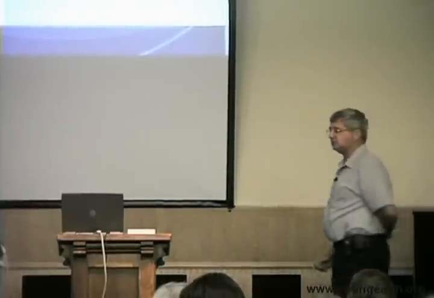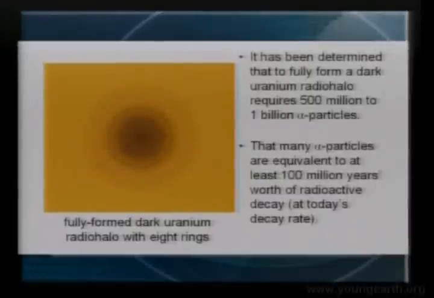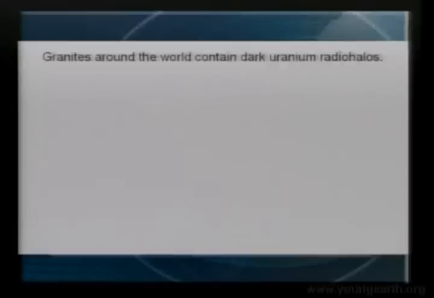Now, that's not to say there was 100 million years worth of decay. It's just that number of alpha particles equivalent to that amount of decay. And that's important to remember the difference. That's why you'll always see in brackets at today's decay rate. That's assuming today's slow rate of decay.